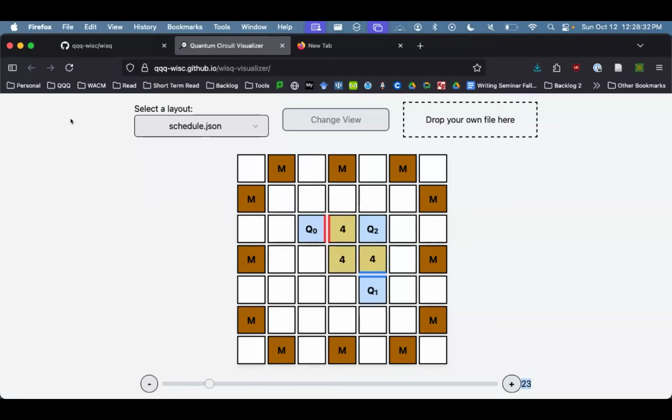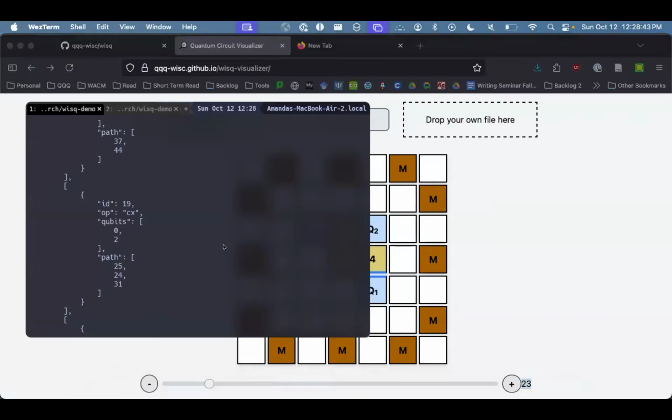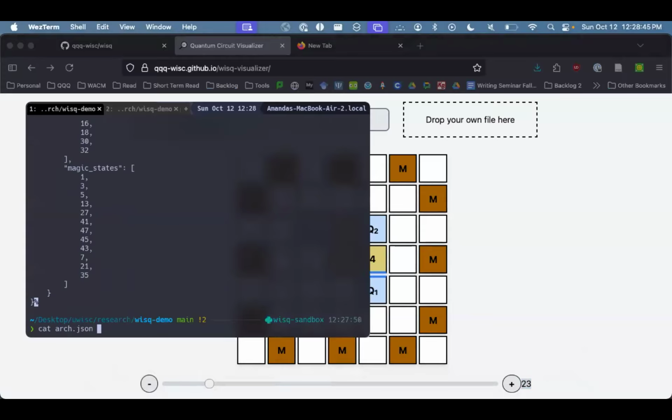If you want to specify a different type of architecture, you just change your architecture JSON. If we look at what that looks like, it's specifying the dimensions of this grid graph architecture, the locations that you're allowed to map your circuit qubits to, and the locations of these boxes, which are magic state factories.